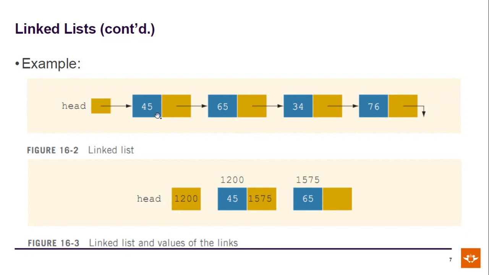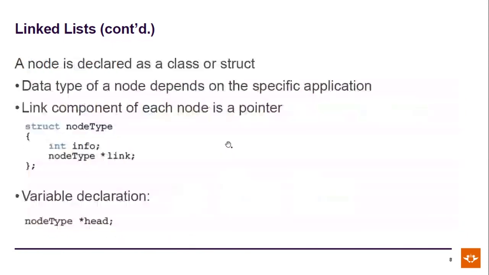So you traverse all the way until you get to this last node, and when you look at the next address, it will be null pointer. Then you realize, oh, okay, I'm at the end of the list. That's the idea behind it. I hope that answers your question.